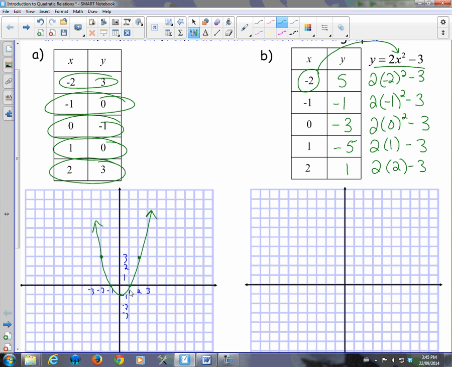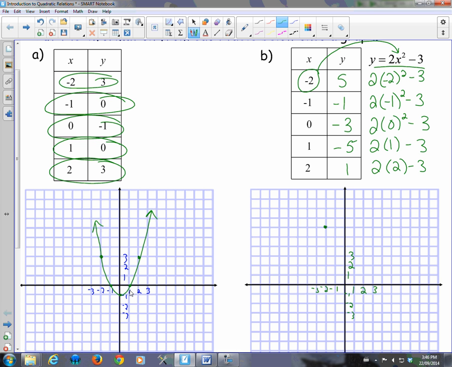4 minus 3 is 1. 5, and I'm going to put them on the graph. Same idea, I'll put a scale. So I have -2 and 5.